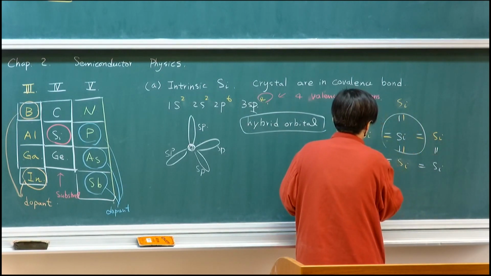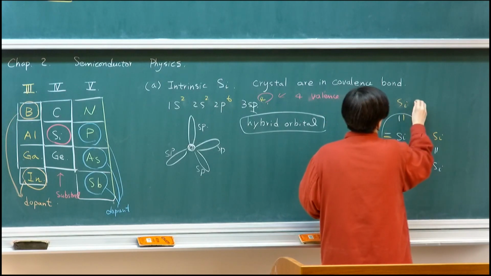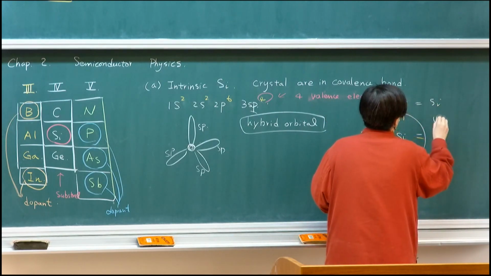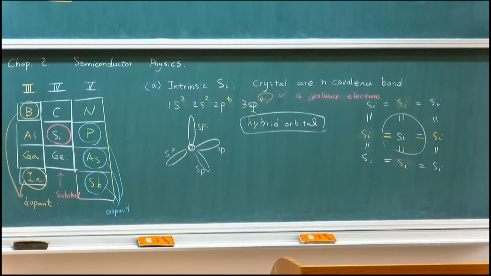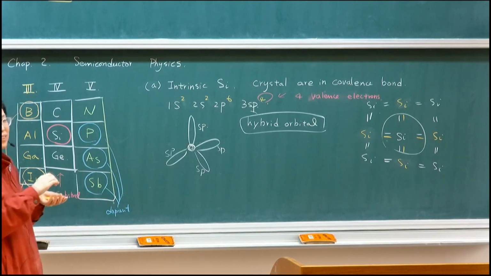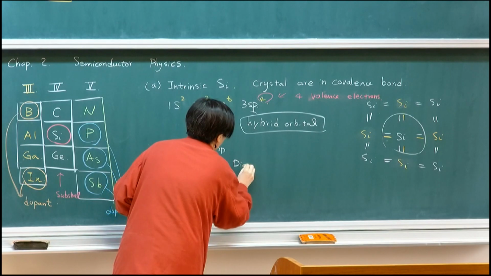If it's a perfect crystal, it will be something like this. So everyone is contained. It has very strong bonding. That is why you have diamonds. There's also a covalent bond. It's the same, called the diamond structure. I should say it's called a diamond structure, not zongzi, but just to remind you.